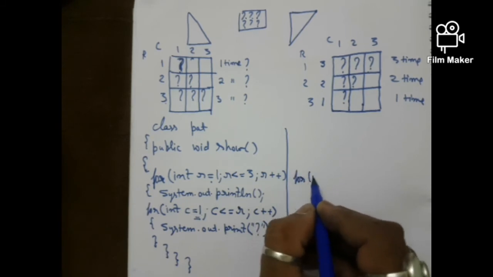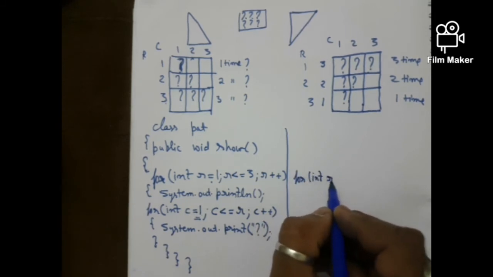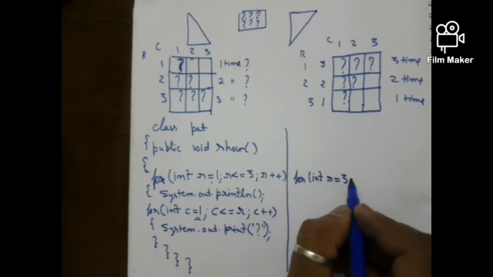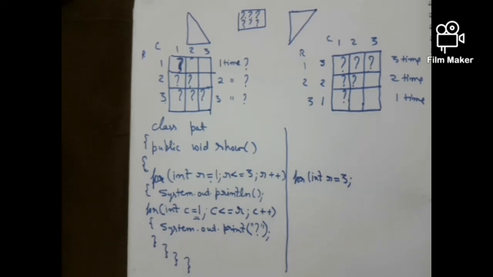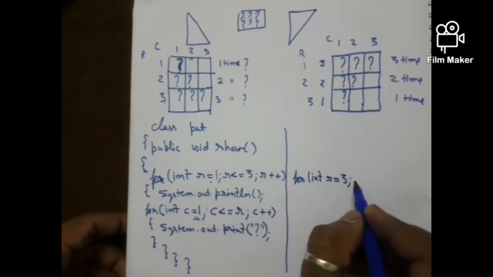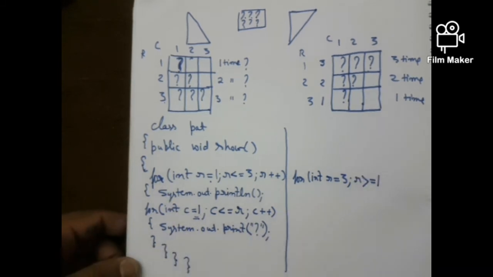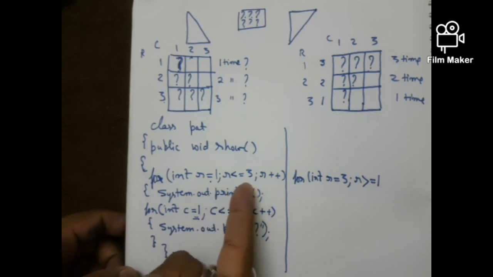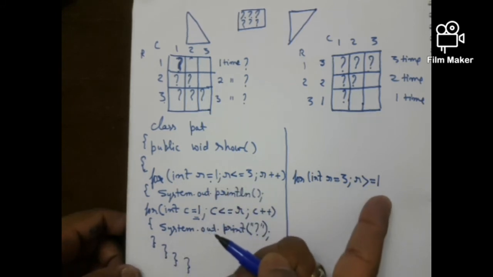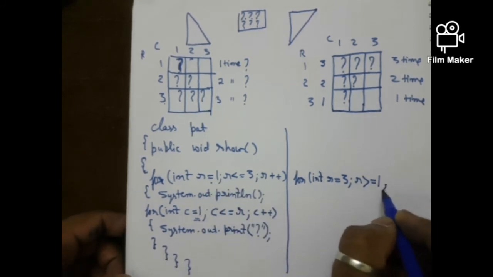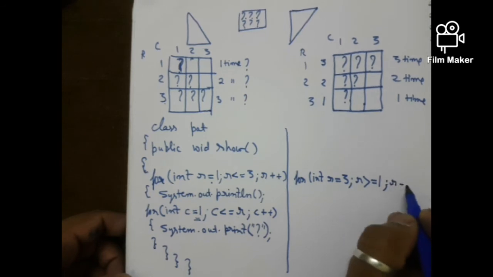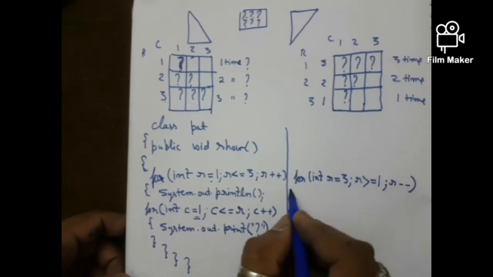For int R equals to 3. All right. After that, students, I write R greater than equal to 1 because we are going from 3 to 1. So it will not be less than, it will be greater than equal to 1. And we write R minus minus.